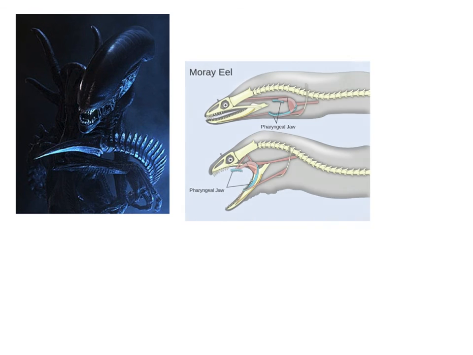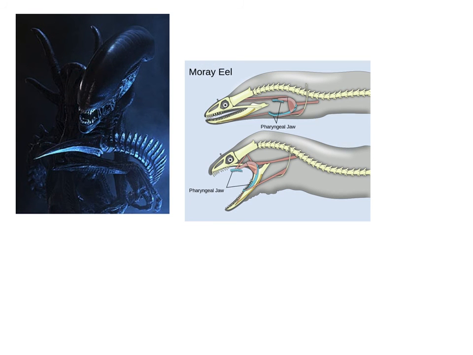And as terrifying as this fictional, hopefully these organisms do not exist anywhere. As terrifying as these fictional characters are, a lot of their characteristics were taken from the animal kingdom.